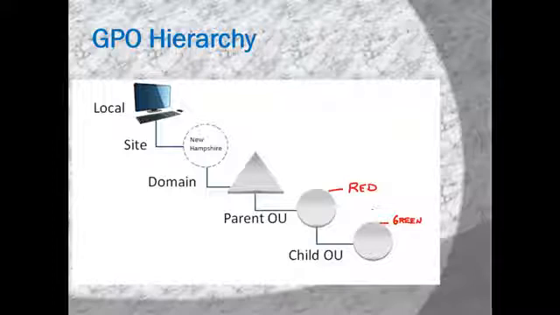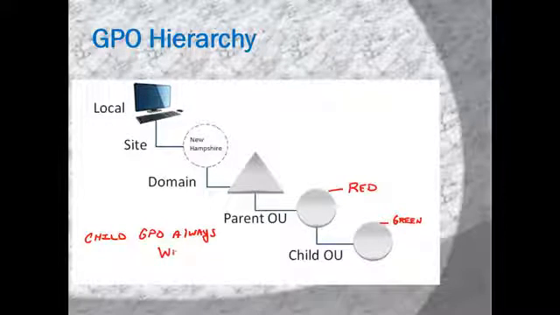When two GPOs conflict with each other, the child GPO wins by default. So whenever you have two GPOs that conflict with each other, the child GPO always wins.